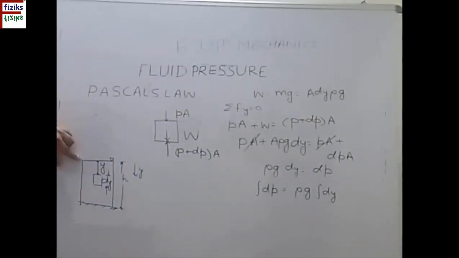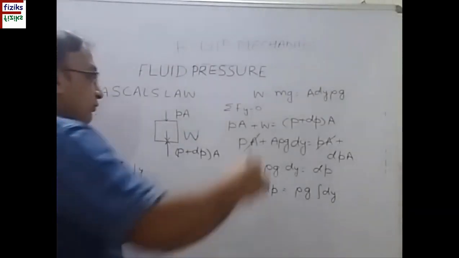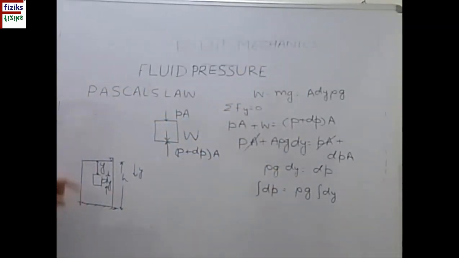So pressure here on this surface is atmospheric pressure, and pressure here on this surface is pressure due to this column of the liquid. If I move in downward direction, so Y I have measured in this direction, pressure also I have measured in this direction. So from this equation we can find the change in pressure.